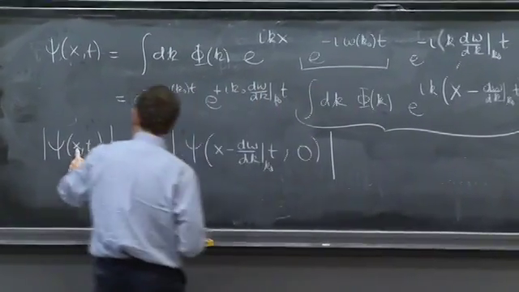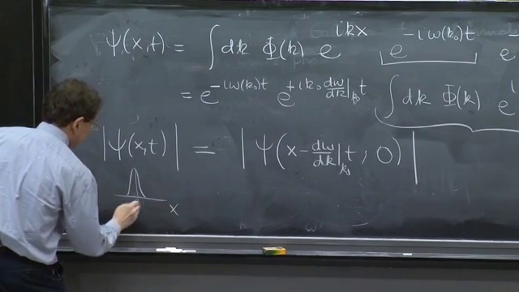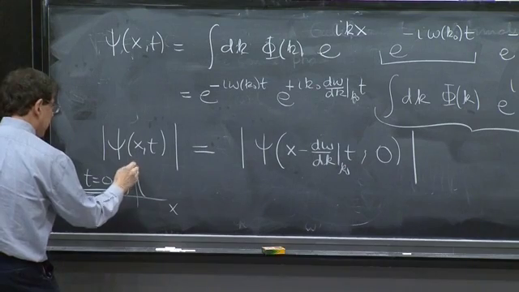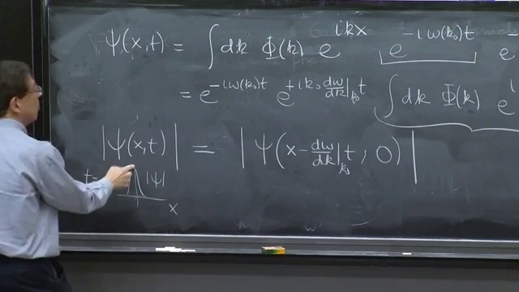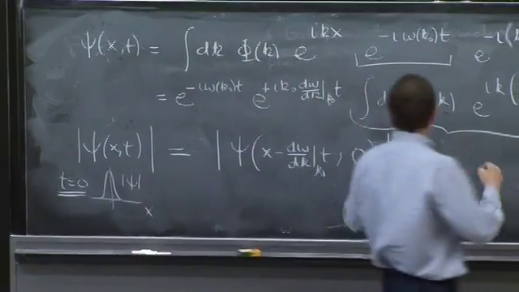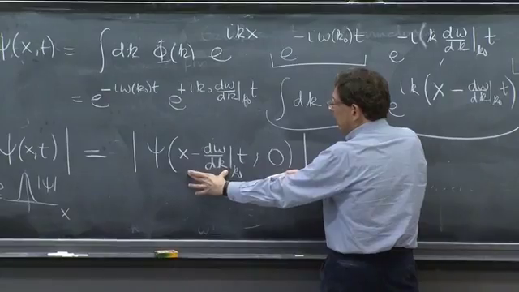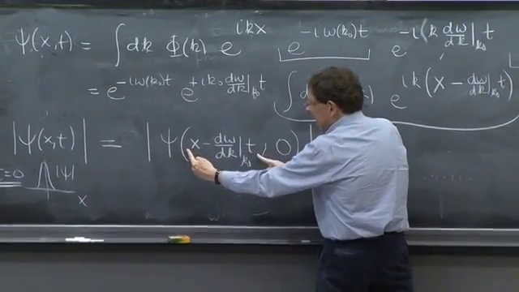If at time equals 0, psi had a peak when x is equal to 0, then this function, which is the wave function at time equals 0, will have a peak when the argument is 0.